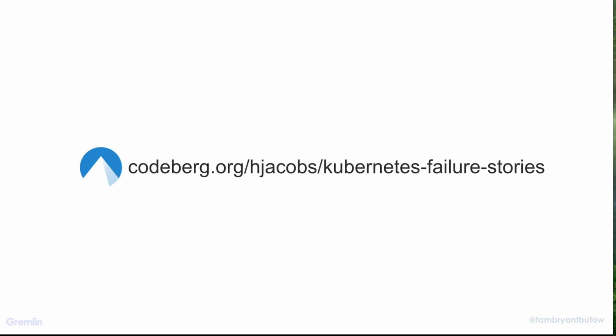There's this really great repo from H. Jacobs called Kubernetes Failure Stories. So I definitely recommend checking that out. There's a lot of really interesting stories that have been collected, so you can dig through those and learn about them. I'm sure you've probably seen horror stories at conferences, folks sharing different things that have gone wrong, or maybe you've seen them on Twitter.